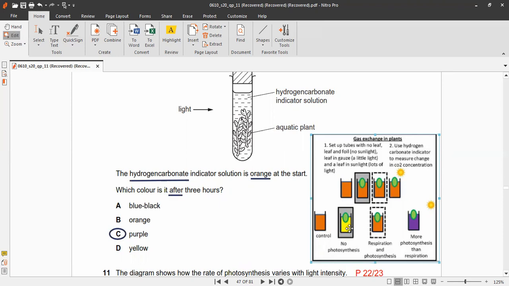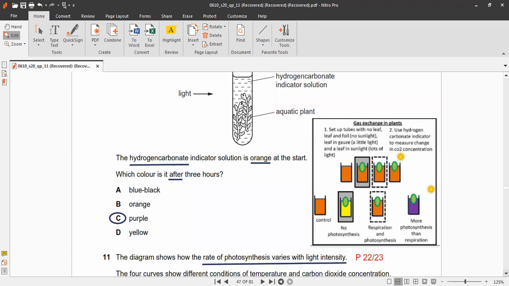And here, no photosynthesis, it becomes yellow. And here, still no change, because respiration and photosynthesis are at the same rate. But here, it changes from orange into purple, because there is more photosynthesis than respiration. This is gas exchange in plants.